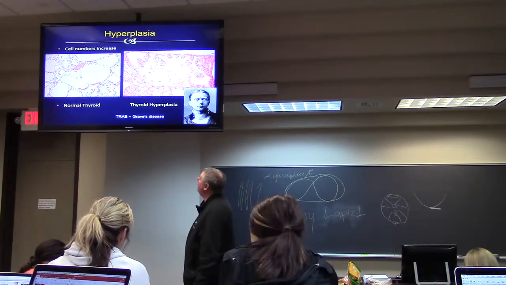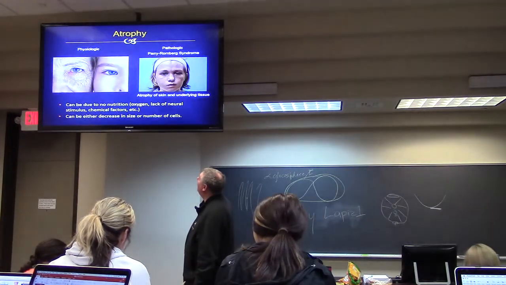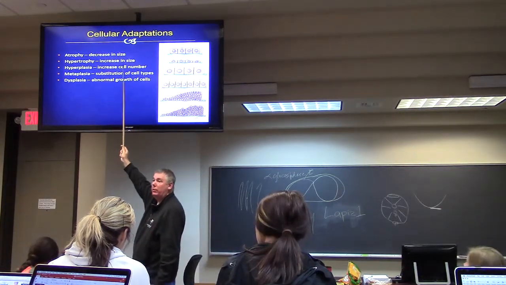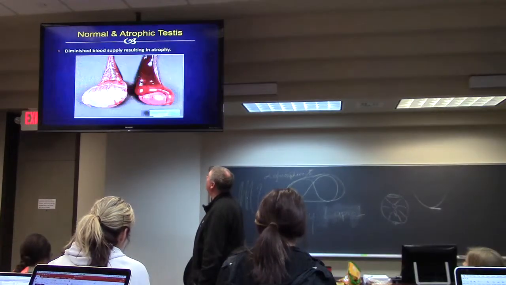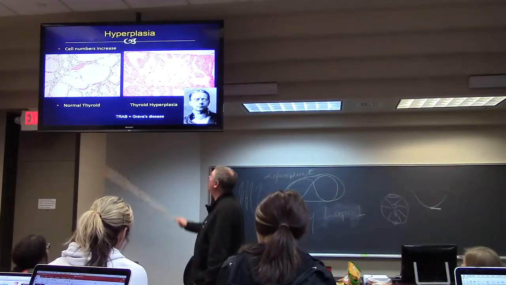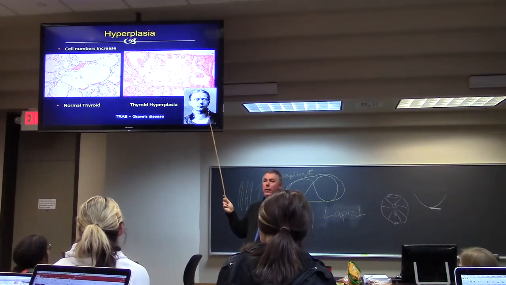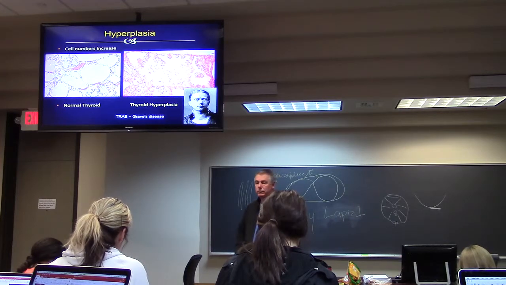If you go back to the original definitions here, hyperplasia increases cell number. So in this person here, because the thyroid is increasing in cell number, you actually see it as an enlarged thyroid in the neck. That's called a goiter. It's hyperplastic.